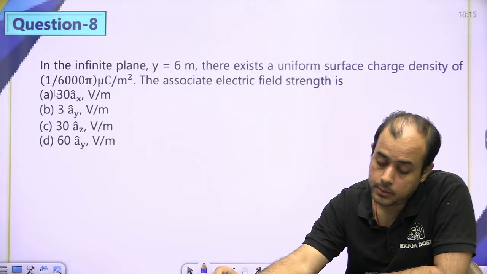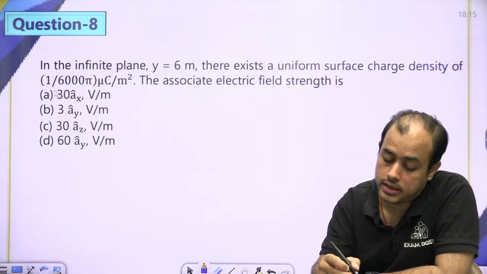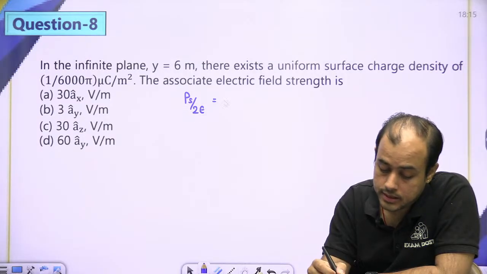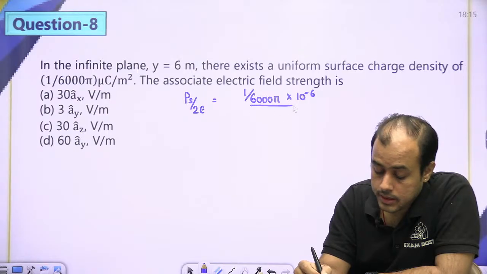In an infinite plane, there exists a uniform surface charge density. What is the electric field strength? 2s by 2 epsilon, 1 by 6000 pi by 2 epsilon.